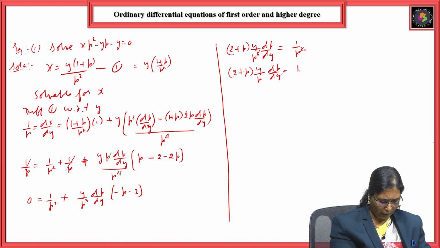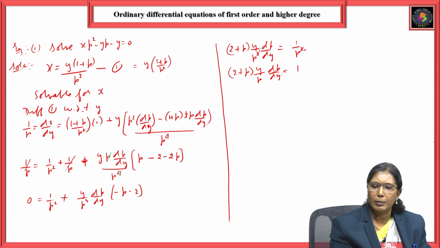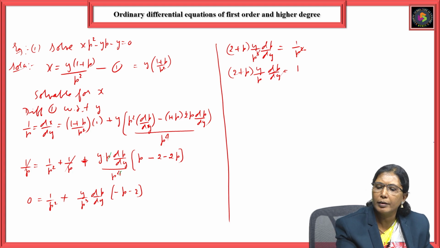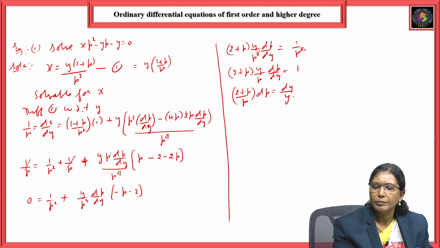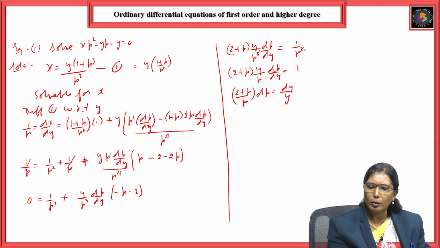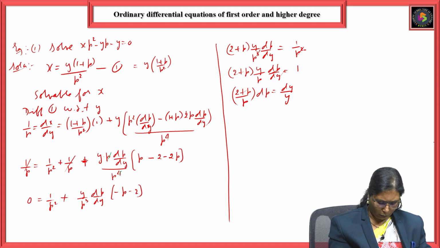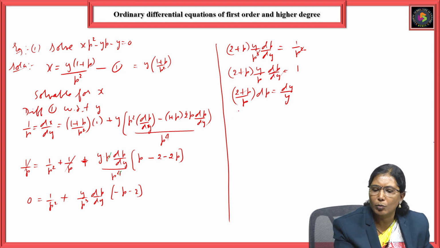Now we can solve this by variable separable. So what do you get here? (2 plus p) by p into dp is equal to dy by y. We have separated the variables, all p with dp and all y with dy. Now integrating on both sides, integral of (2 by p plus 1) dp is equal to integral of dy by y.